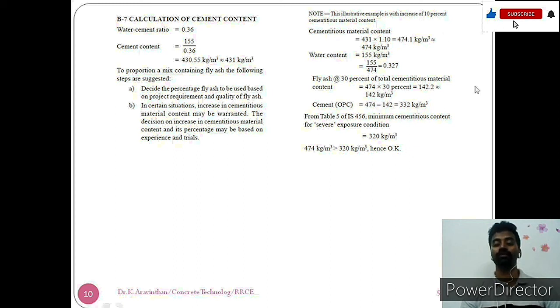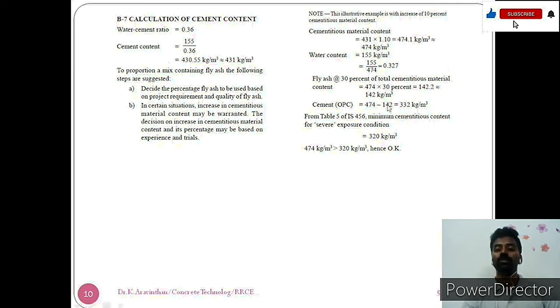If we subtract this value, we get 332 kg per meter cube. So this is the exact value of ordinary Portland cement we are going to use, and 142 kg of fly ash which will be added. These two ingredients will be mixed as the cement component in the concrete.